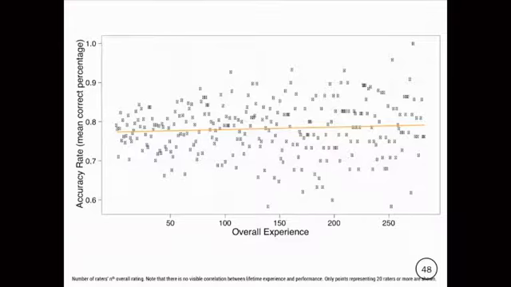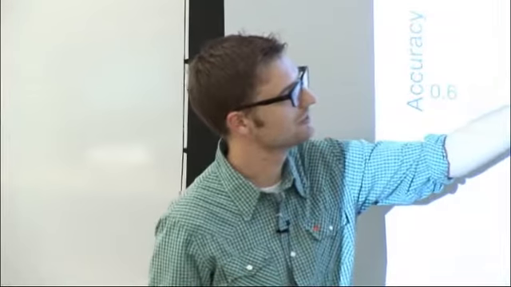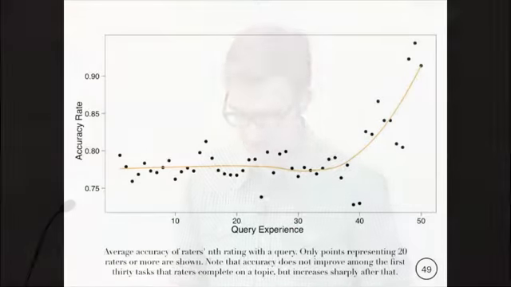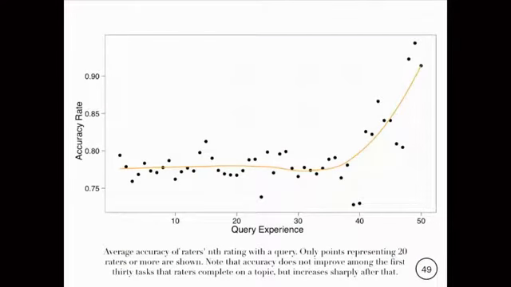And I didn't see an effect there, although somehow my dots got replaced with a dot missing image here. But essentially, more or less, people on their 10th rating were just as good as people on their 200th rating. If you looked at query experience, it told a slightly different story.